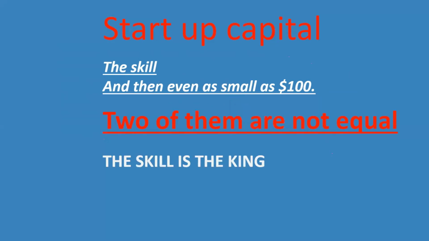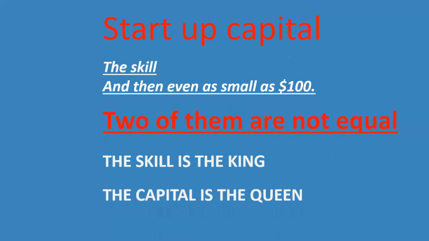Note it, two of them are not equal. The skill is the king, while the capital is the queen. Two of them are important. You need both. I'll be teaching you, you will see the importance of both of them. Yes, the capital is very, very important. You need capital if you want to be making reasonable amounts of money on a daily basis. But the skill is the king.